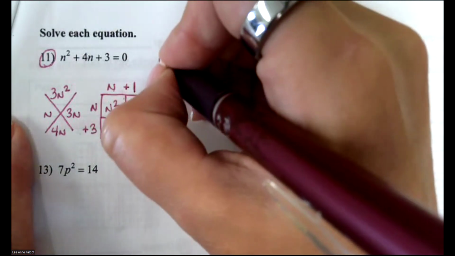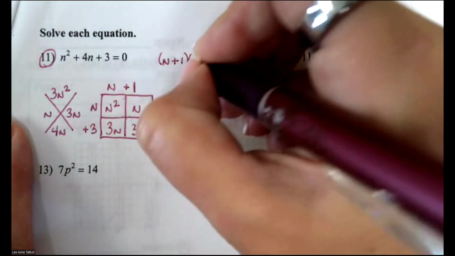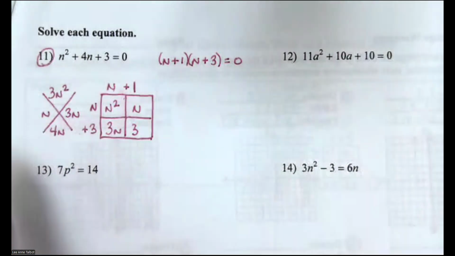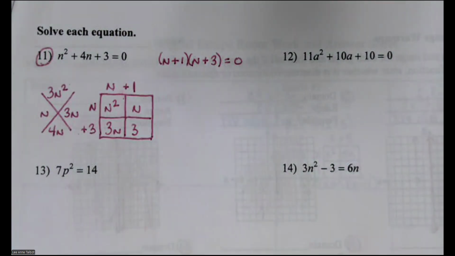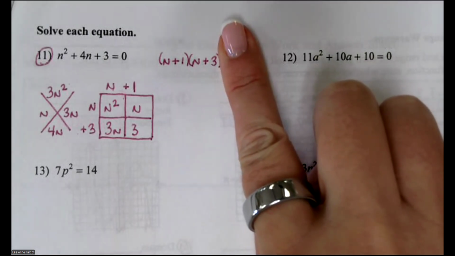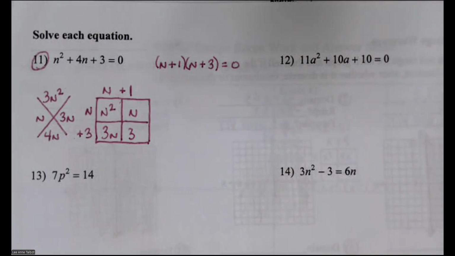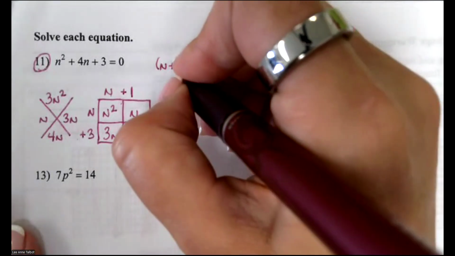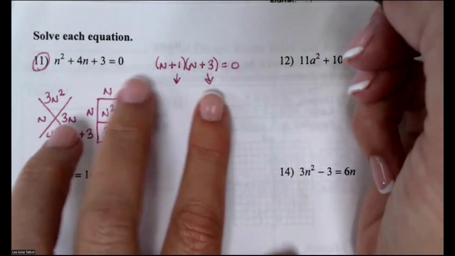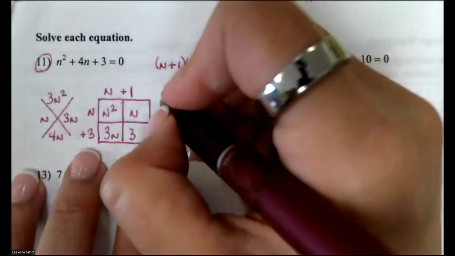Okay, so over here, I'm going to put my factors from my box, but this time it's equal to 0. So last week I had you stop here at the parentheses. This week it's now equal to 0. Do you see the difference? I know I'm making a big deal out of it, but this is really important. Okay, now we're going to do what's called the zero product property, which is where you set them equal to 0 separately.